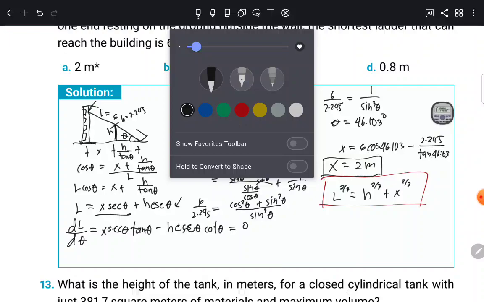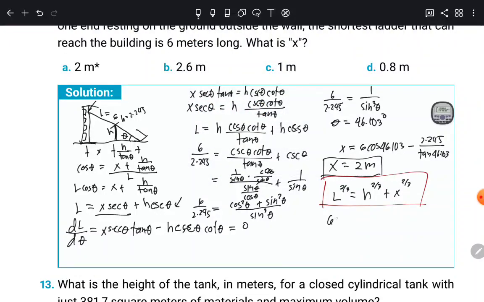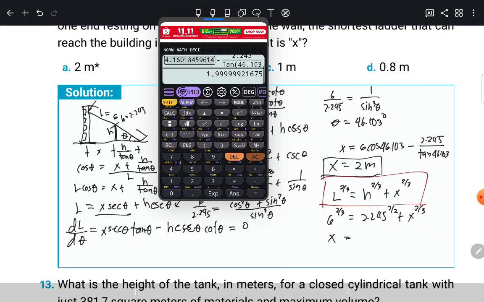We know L. L is equal to 6. So 6 raised to 2 over 3. We know H. H is equal to 2.245. So H raised to 2 over 3 plus X raised to 2 over 3. So if I solve for X, we can solve it directly from here. So 6 raised to 2 over 3, then minus 2.245 raised to 2 over 3.